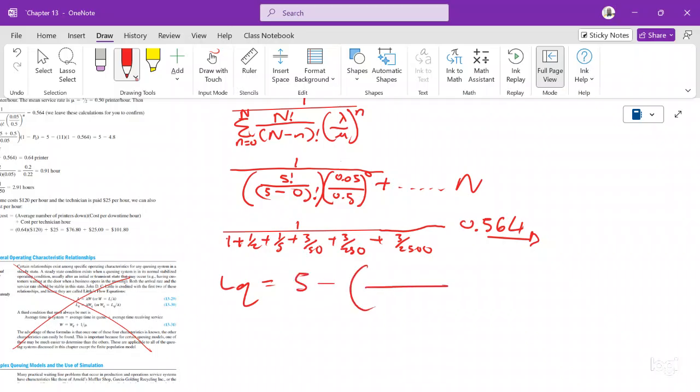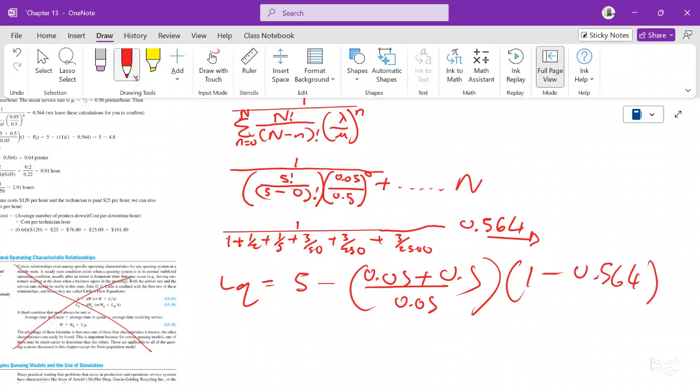Outside is 0.05, equals to. Then we have 0.204 over 5 minus 0.64, and then times 0.05. Then you have your answer as 0.936.